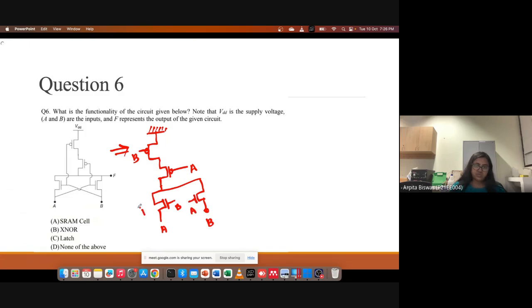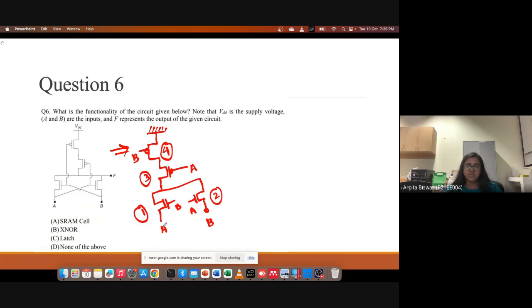So this is one, this is two, this is three transistor, and this is four. So now, after simplifying this, B is coming into this fourth PMOS. Then A is in the gate connection of this P-type MOSFET.